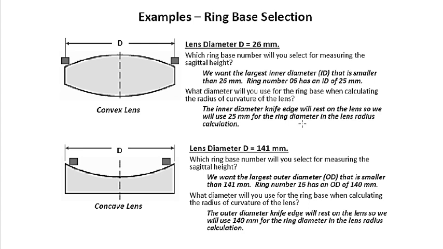The base diameter is the one that you will be using in the equation with the sagittal height. And the sagittal height is the tip from the ring base, the base of that spherometer system setup.